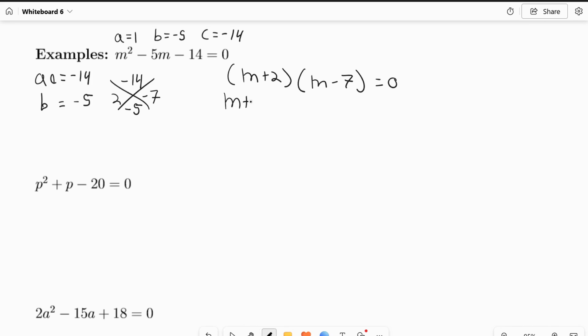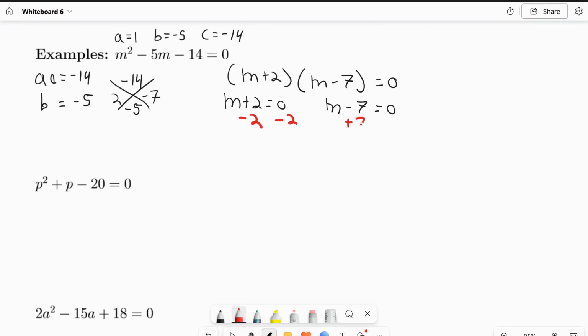So m plus 2 equals 0, m minus 7 equals 0, and now we're going to solve them both. For m plus 2, let's start by subtracting 2 from both sides.